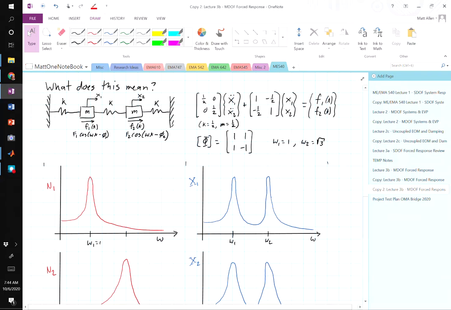In a previous class, we talked about how we can use modes to understand the response of multi-degree of freedom systems. And we saw that this 2-degree of freedom system we could see in two ways.